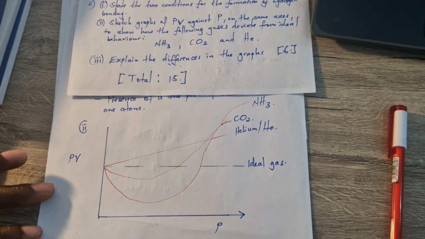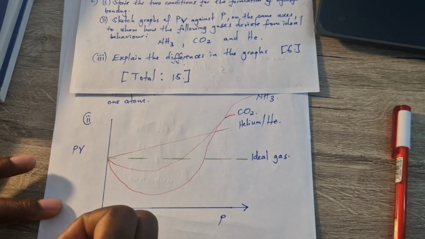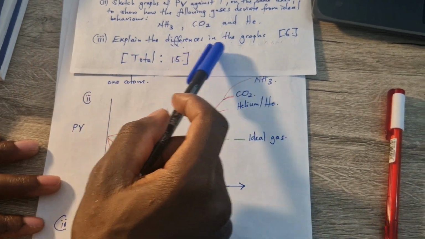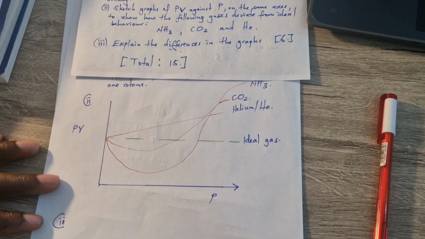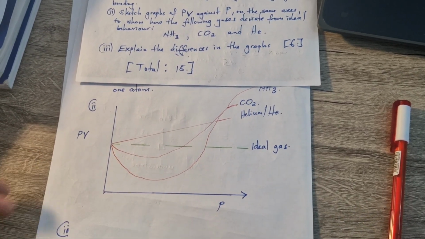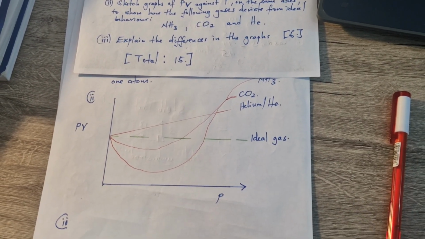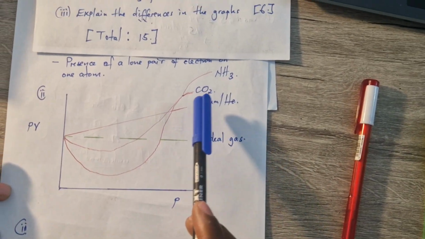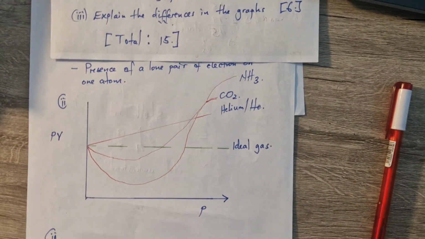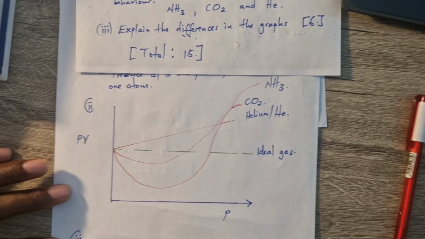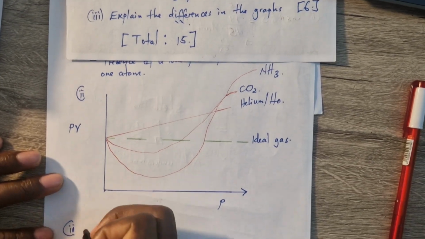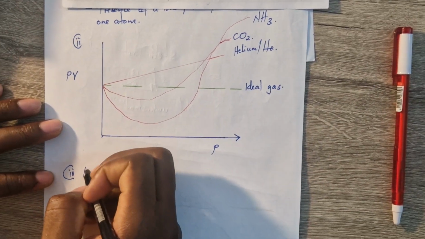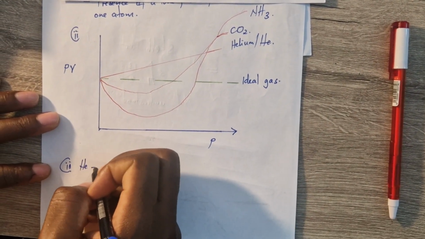So for the last part, which is part 3, they are saying explain the difference in the graphs. So we want to explain why the graph of helium is like this and for carbon dioxide like this. So we start with helium.